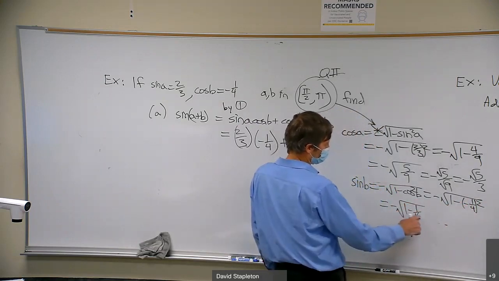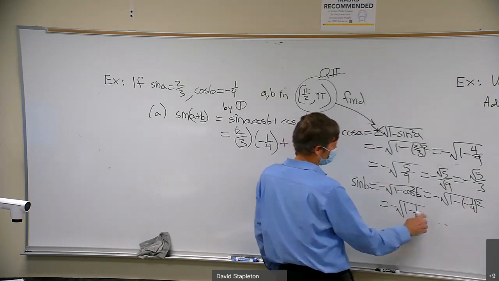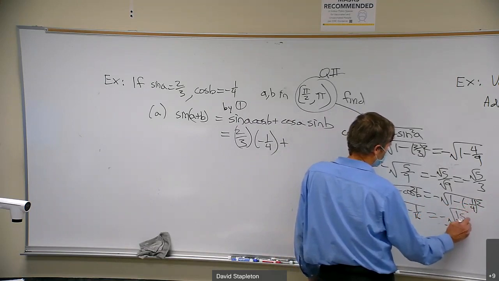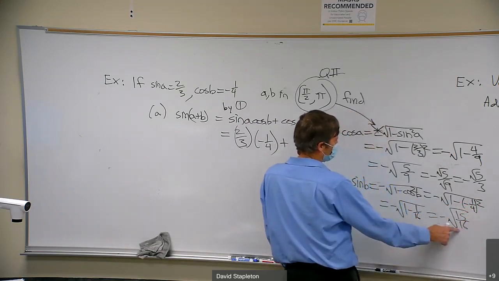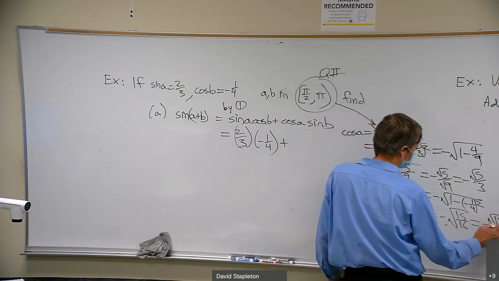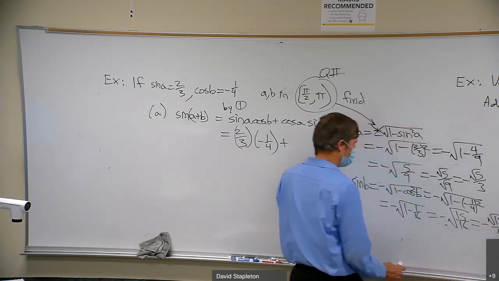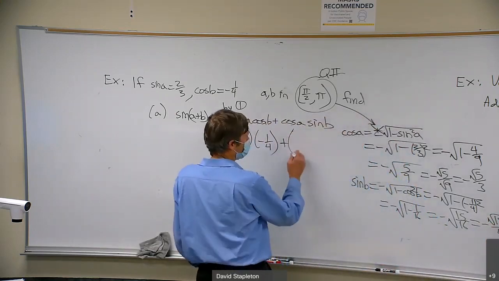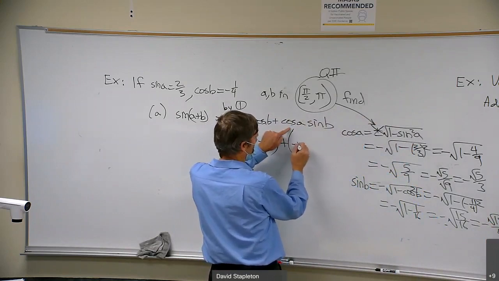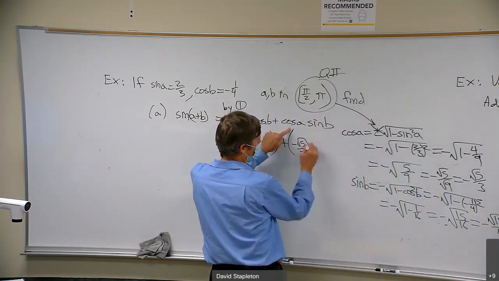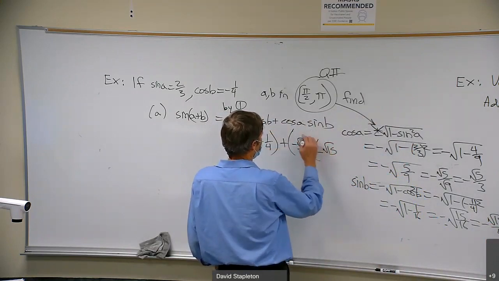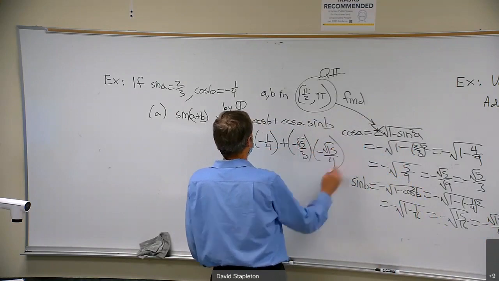But 16/16 minus 1/16, putting over a common denominator, is 15/16. 16 is a square, so I can rewrite this as square root of 15 on top over square root of 16 on the bottom, which is 4. So that's that one. Cosine A is minus square root 5 over 3, sine B is minus square root 15 over 4. There it is.